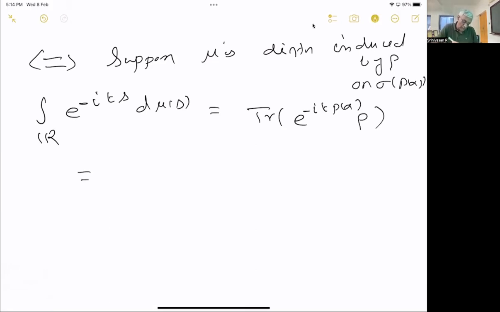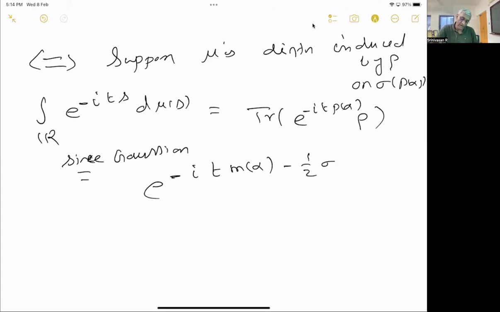And that is Gaussian, which means that it has to look like e^{-i t m} minus half sigma t squared, where m and sigma depend on alpha. That is how it should look.